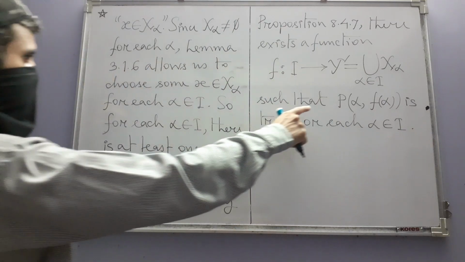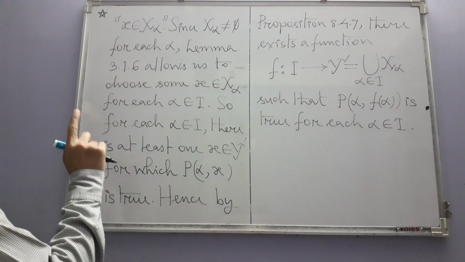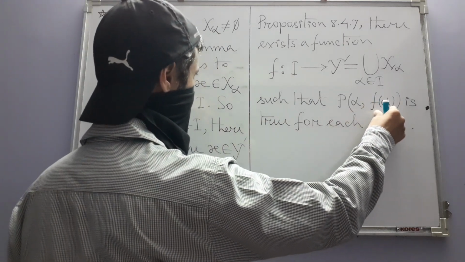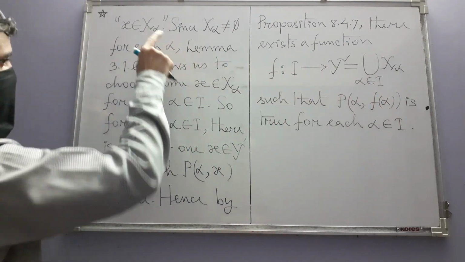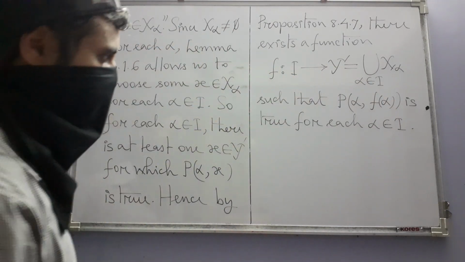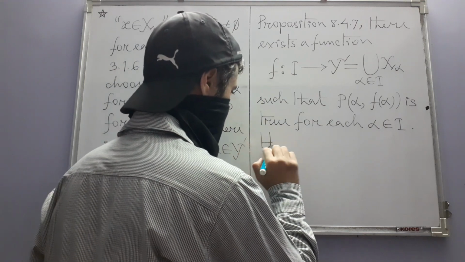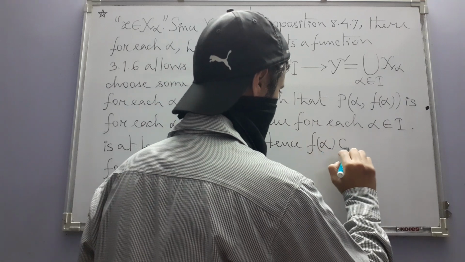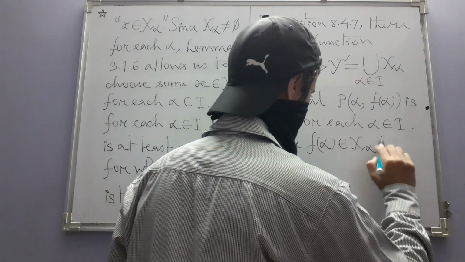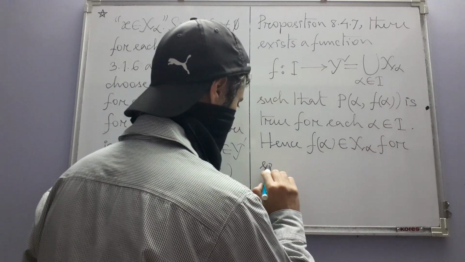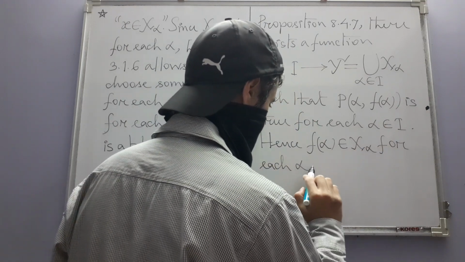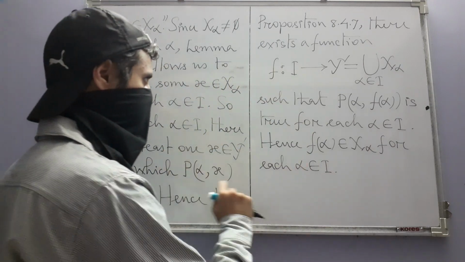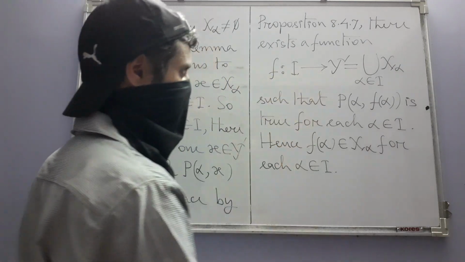Now let's see what this thing being true means. It means that this second coordinate belongs to X alpha for each alpha. Hence, this belongs to X alpha for each alpha belonging to I. But now you look at this. You see, what type of function is f?